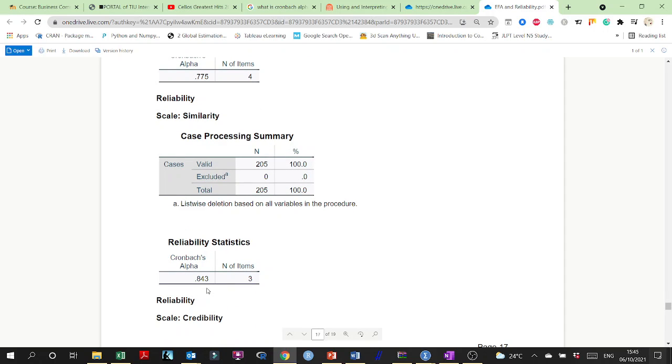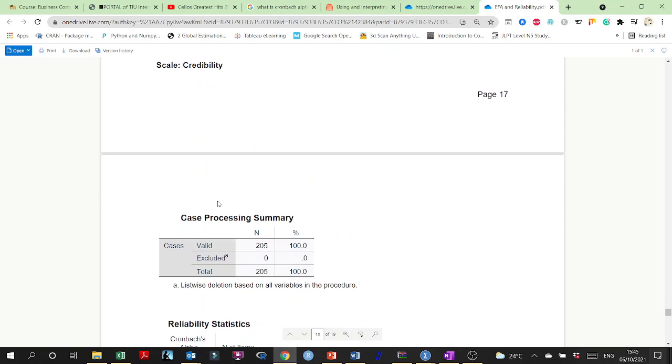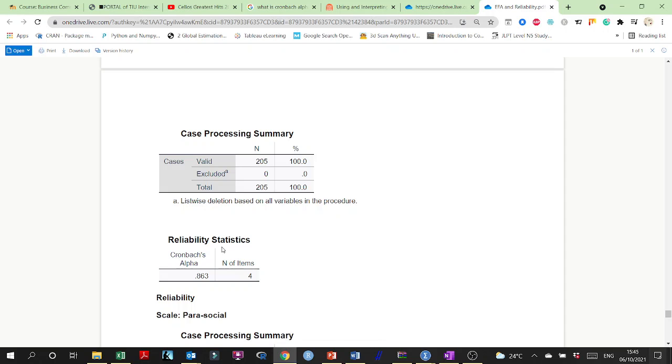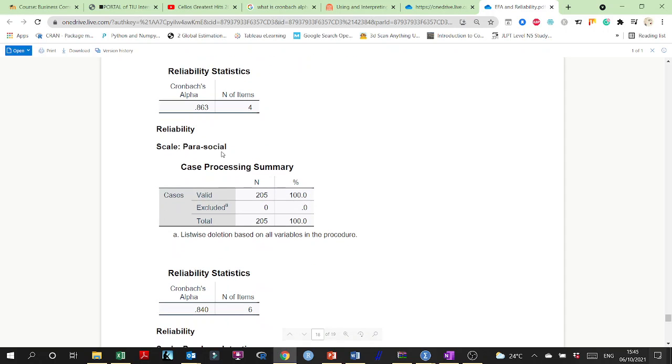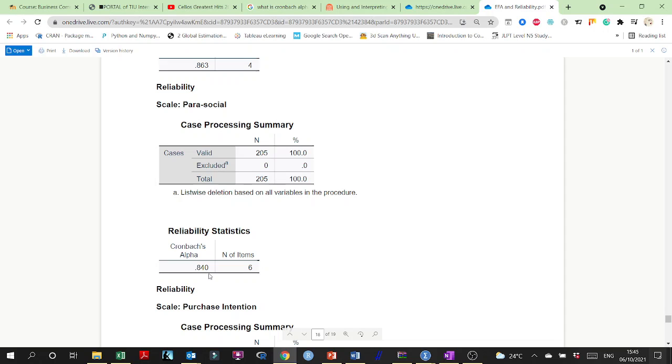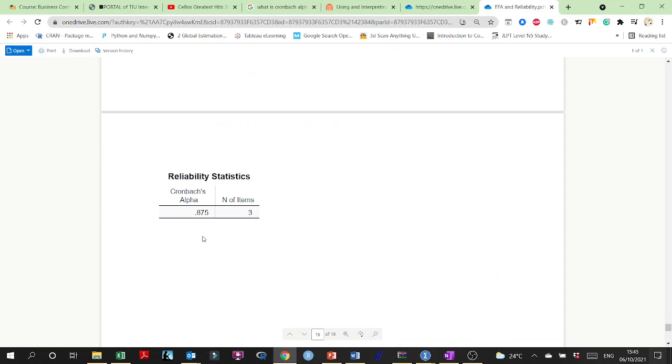Similarity is 0.843. And credibility, even though we didn't use credibility in my exploratory factor analysis, but here credibility is also 0.863. And then parasocial is 0.84. And then purchase intention, the most important one, is 0.875.